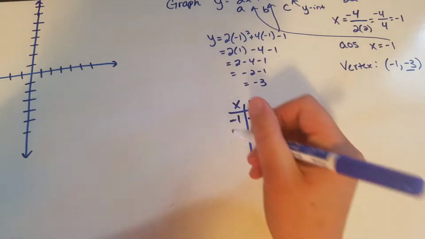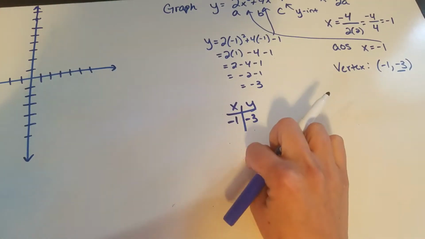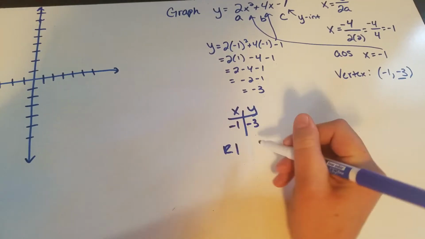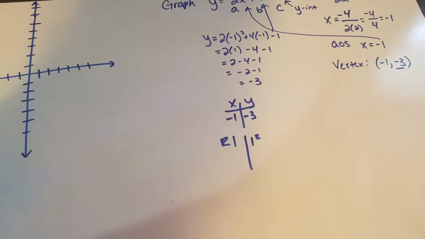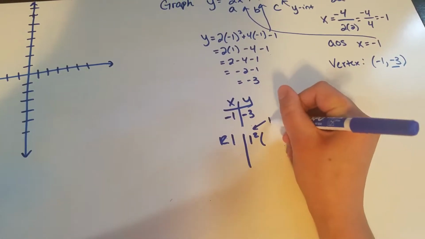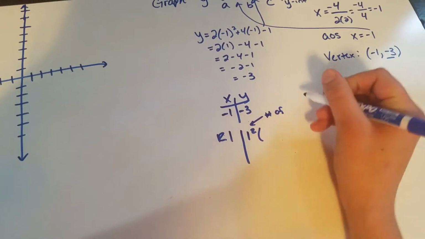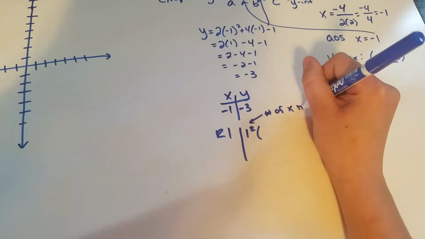In our class, instead of doing that whole idea of points, we've been moving right 1, figuring out what 1 squared is since our parent function is x squared, and then timesing it by our a value. So again, that's the number of x moving from the vertex.